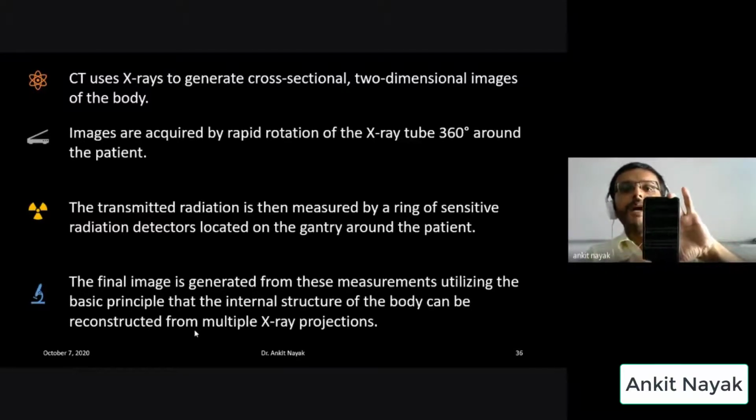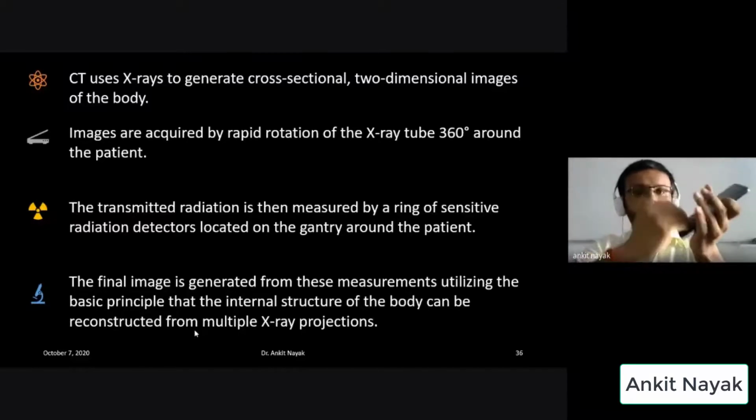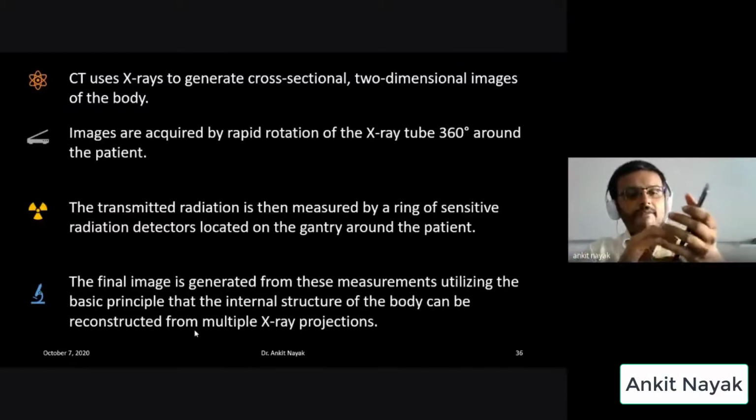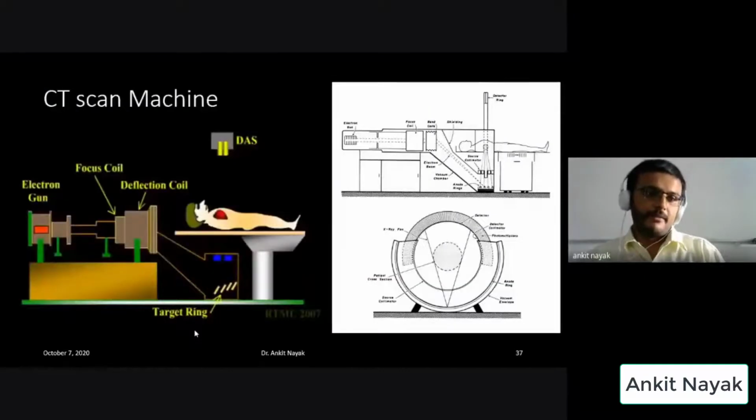But if I provide you the front view, top view, and side view, then you can easily develop a 3D model. In the same way, when you supply the different slices of the same body, the image of the first slice, the second slice, the third slice, and arrange these slices in a particular manner, then you can get the 3D model, or the 3D information about this body. So this is the basic principle of CT scanning.